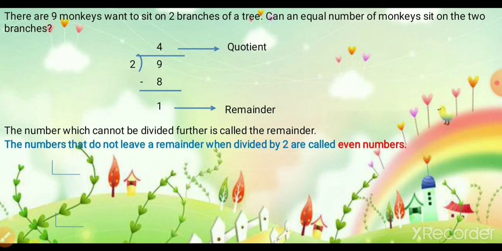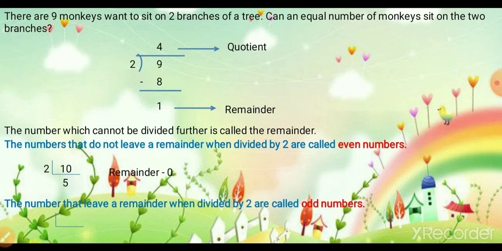The numbers that do not leave a remainder when divided by 2 are called even numbers. For example, 10 divided by 2. 2 5s are 10. So, remainder will be 0. So, 10 is an even number. The numbers that leave a remainder when divided by 2 are called odd numbers.